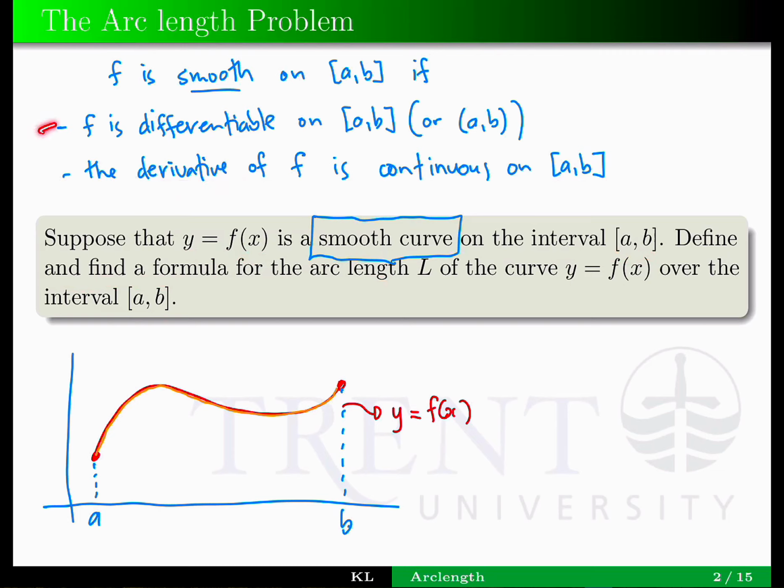If these two conditions are satisfied on the interval, then we say that the function f is smooth. That's a terminology that we'll be using particularly in this type of problem, the arc length problem.